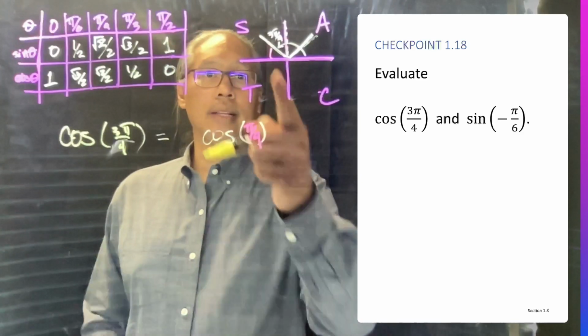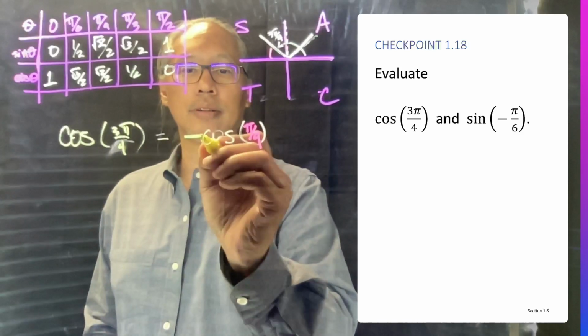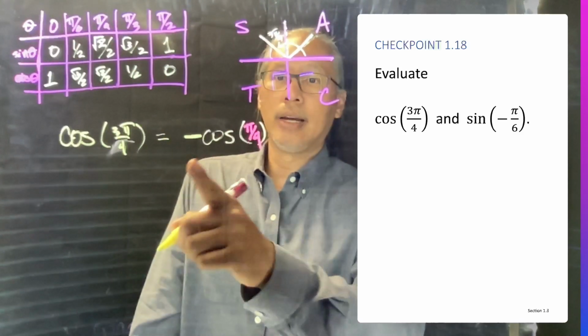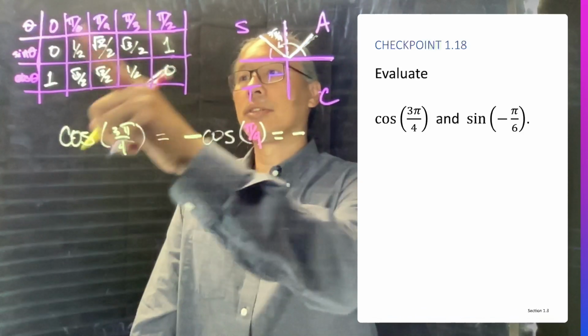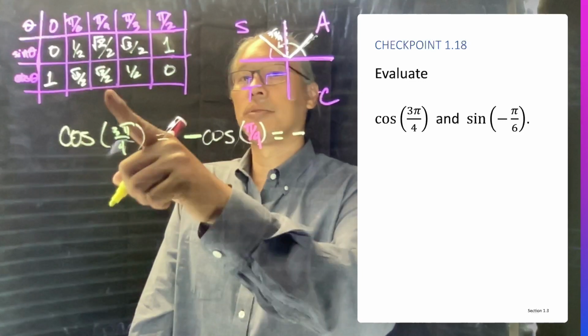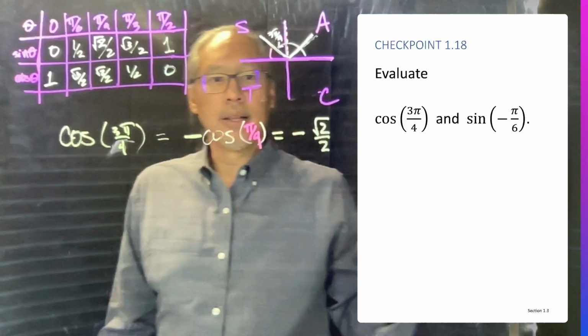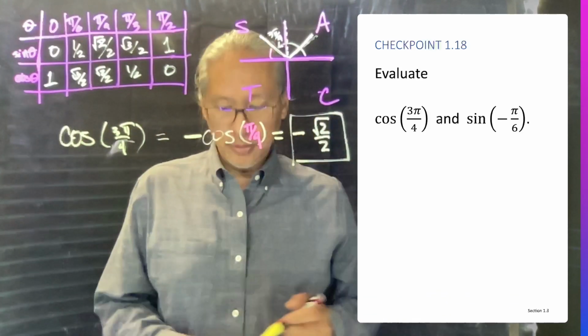And we also said that the sine was positive, which means the cosine and tangent are negative, so that means this is a negative value. Then we're looking at the negative cosine of pi over 4. So we have negative cosine of pi over 4 is root 2 over 2 with a negative sign in front, and this is our value right here. Okay, so that's the first one.